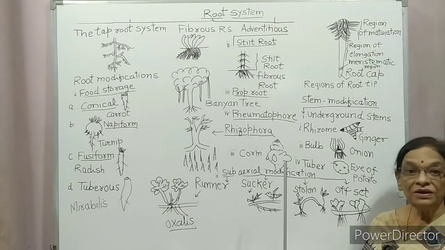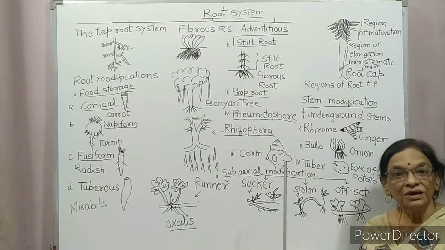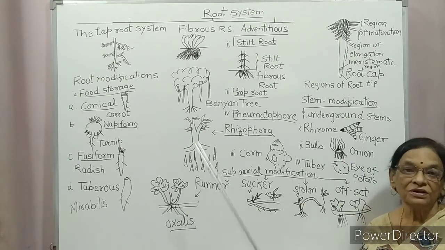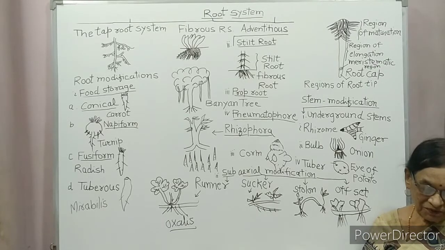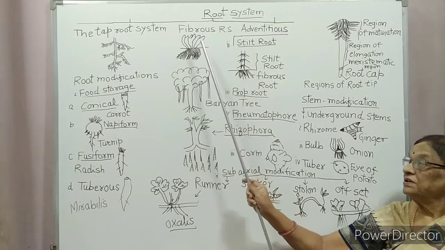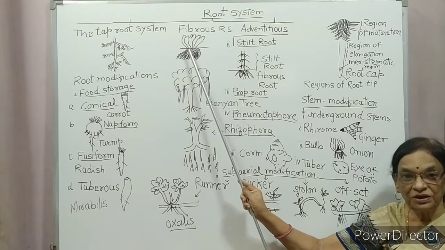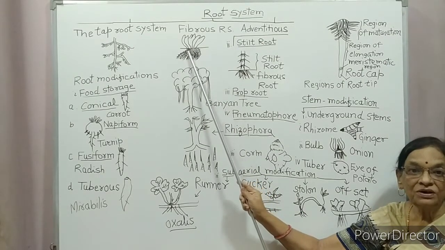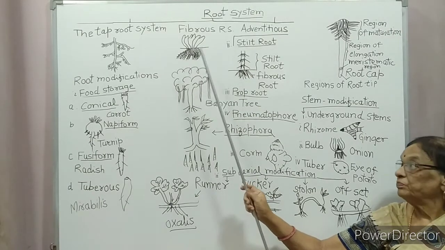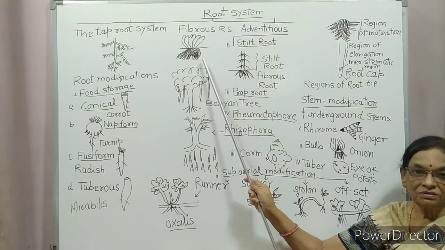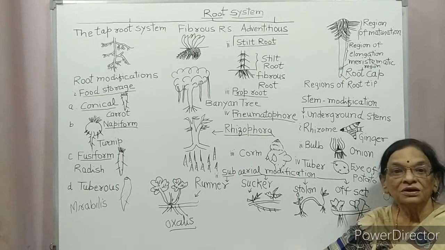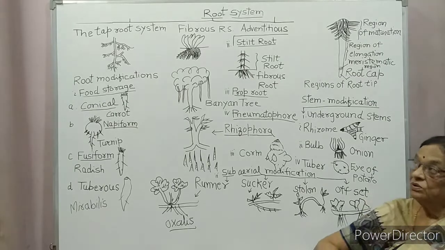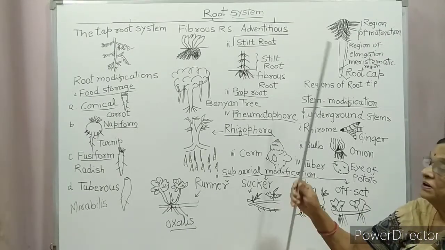These roots, when modified, help to tide over unfavorable conditions. Root tip synthesizes some growth regulators called hormones. So these four are the functions of root.